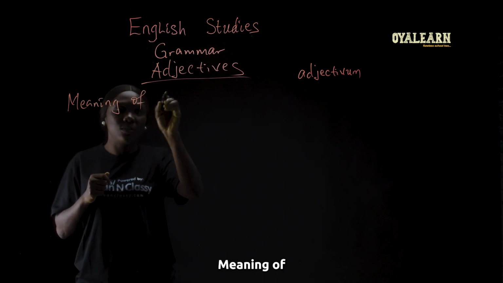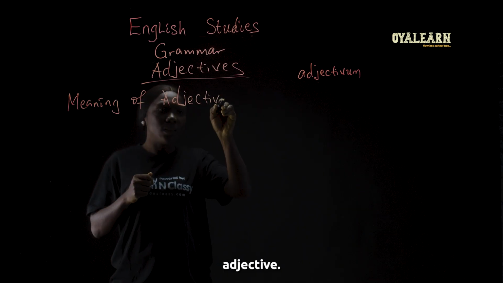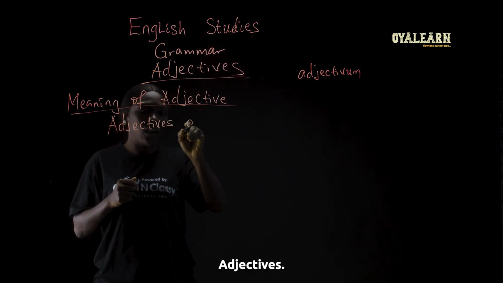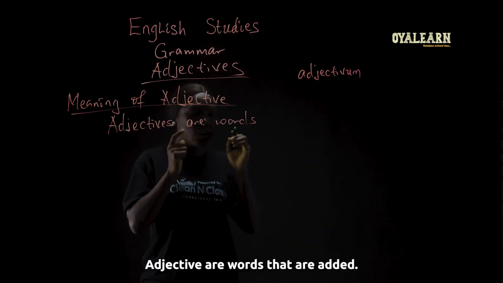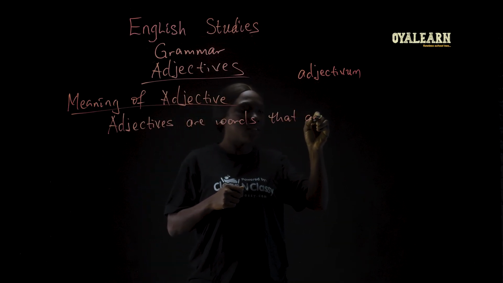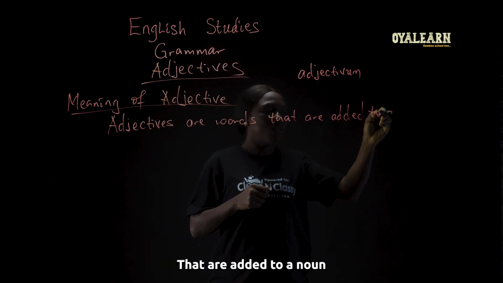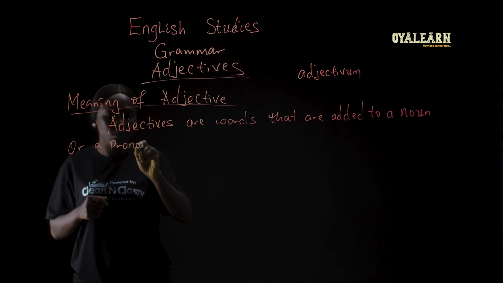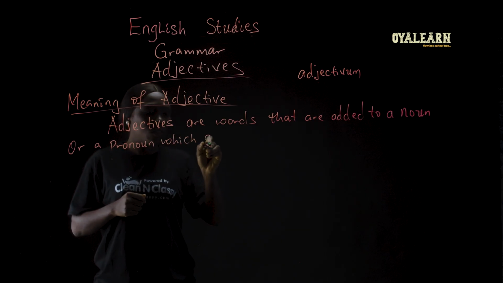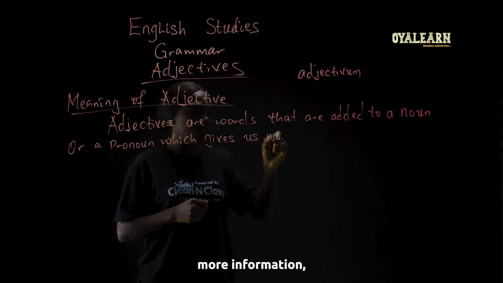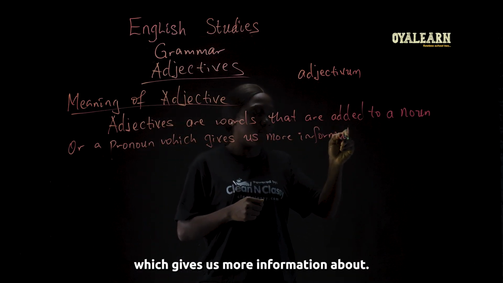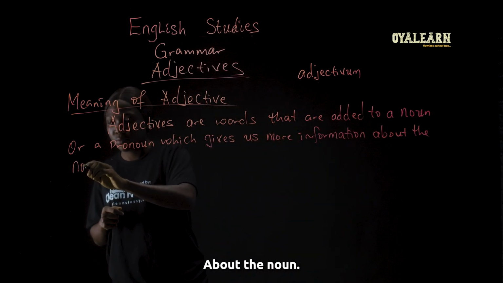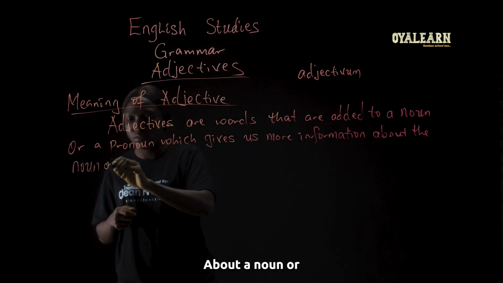Meaning of adjective. Adjectives are words that are added to a noun or a pronoun, which gives us more information about the noun or pronoun.